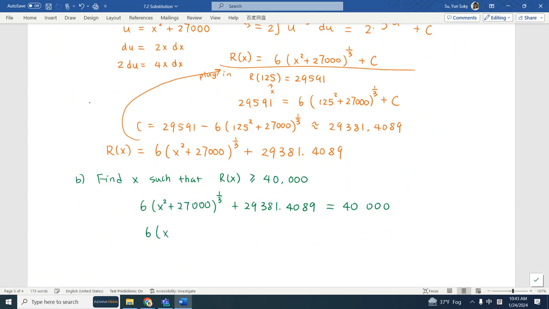So we get 6 times x squared plus 27,000 to the 1/3. What is 40,000 minus your previous answer? On your calculator, do you see the answer button? So you use 40,000 minus answer. What do you get?